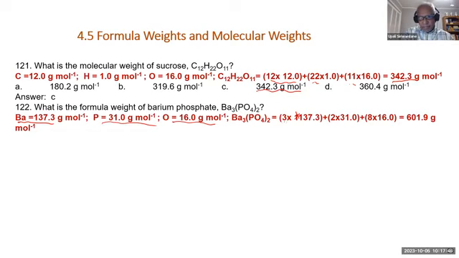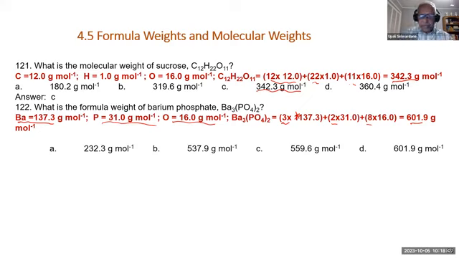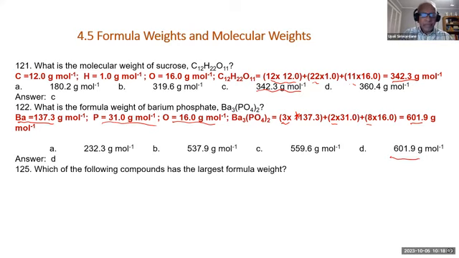Then you multiply barium mass 3 times, 2 times phosphorus mass, 8 times oxygen mass. You get 601.9. Therefore, the correct answer is D.